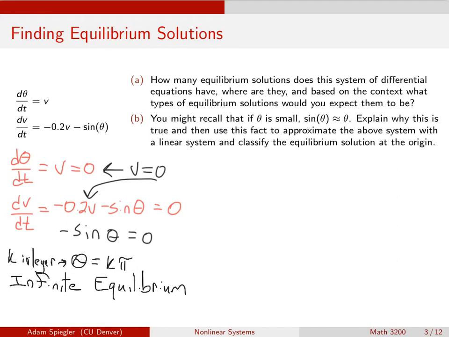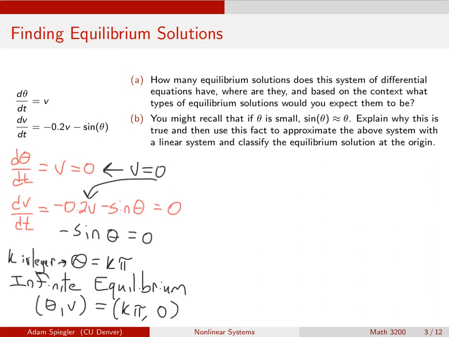Okay, and in fact, any point (theta, v) where theta is equal to some integer times pi and v is equal to 0, all of those points are going to be equilibrium solutions.